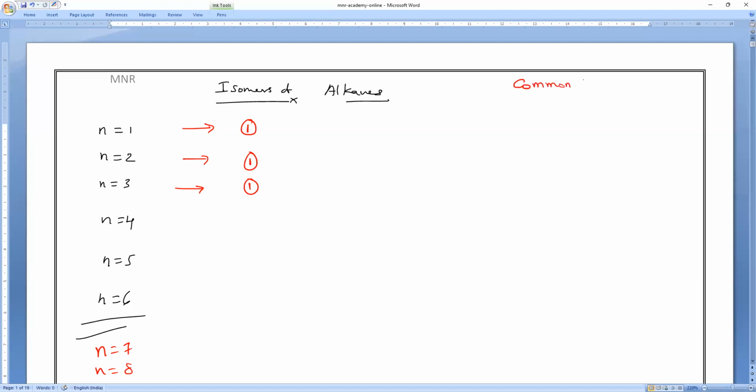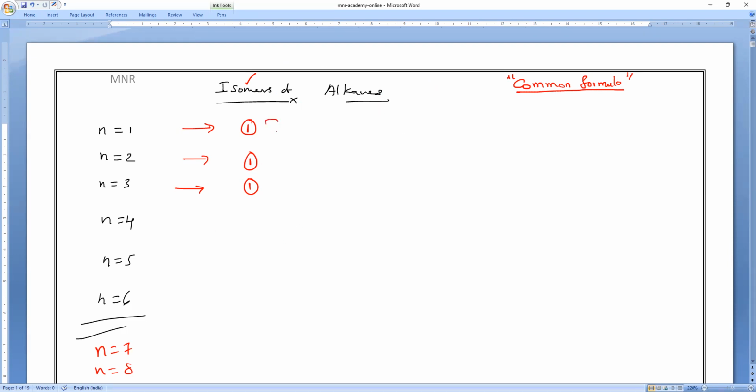Two different compounds, two different structures, two different properties, but the same common formula. That is what we used to call isomers. Understand? So in this isomers, for 10th class only isomers of alkanes are very important.